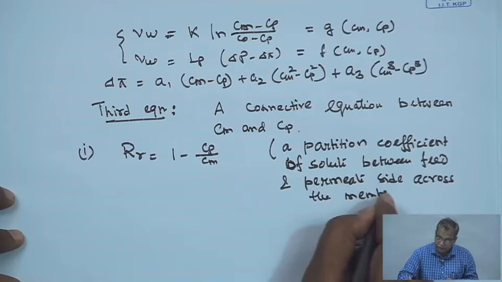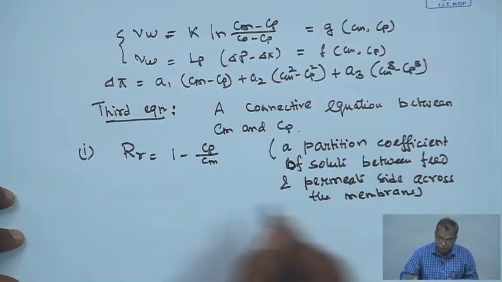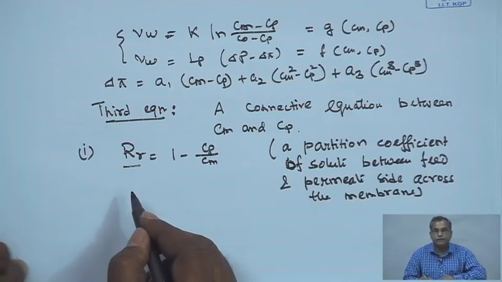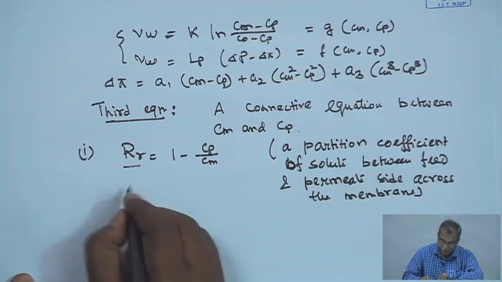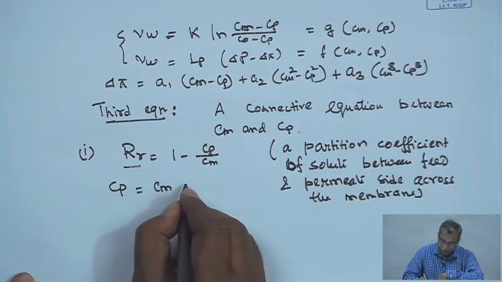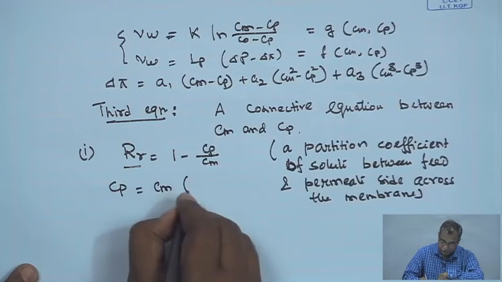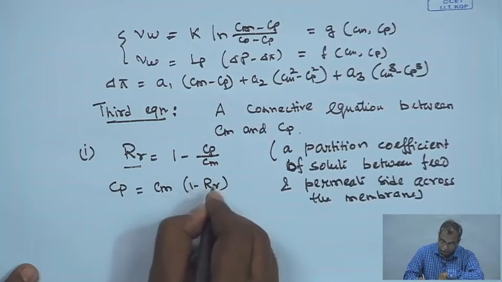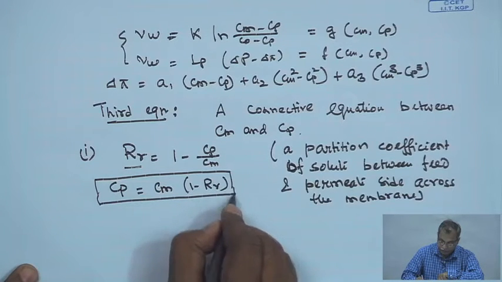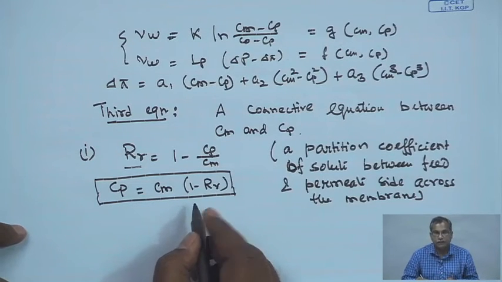So if you estimate real retention from a separate set of experiments, we can connect Cp in favor of Cm and real retention. So Cp can be written as Cm into (1 minus Rr). That is how we get a third equation for Cp as a function of Cm.